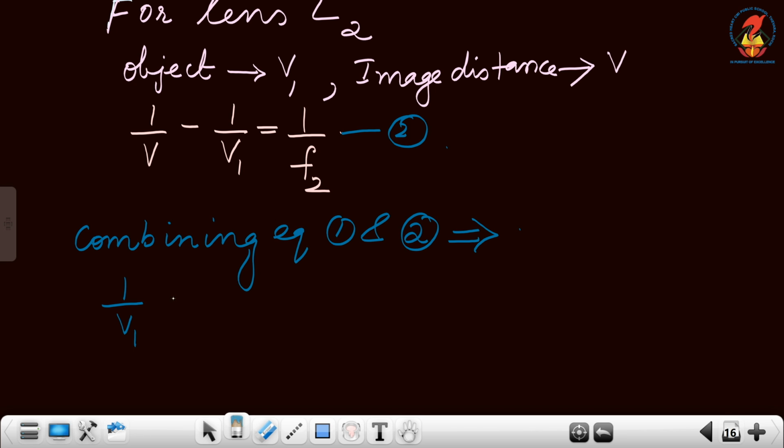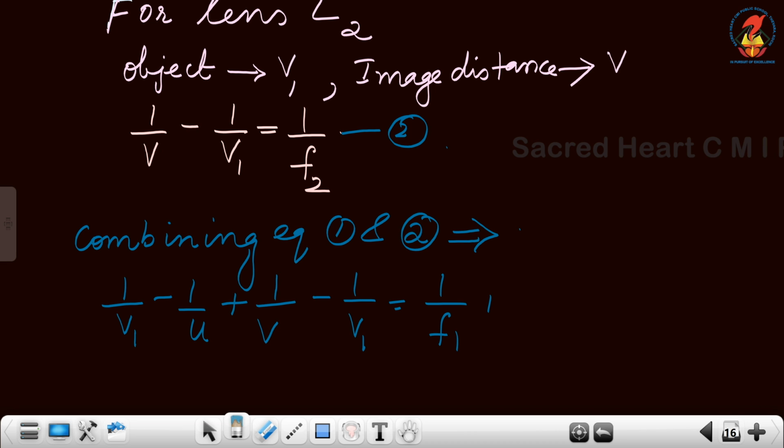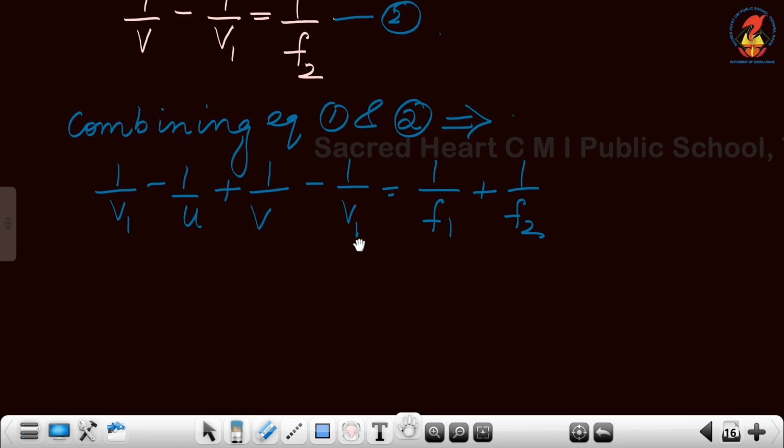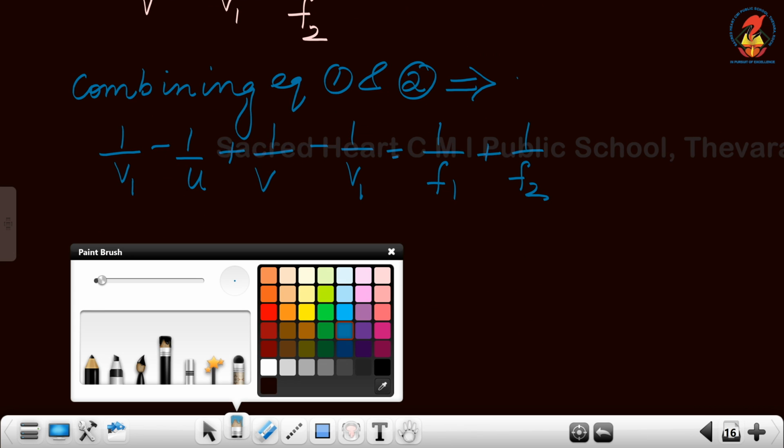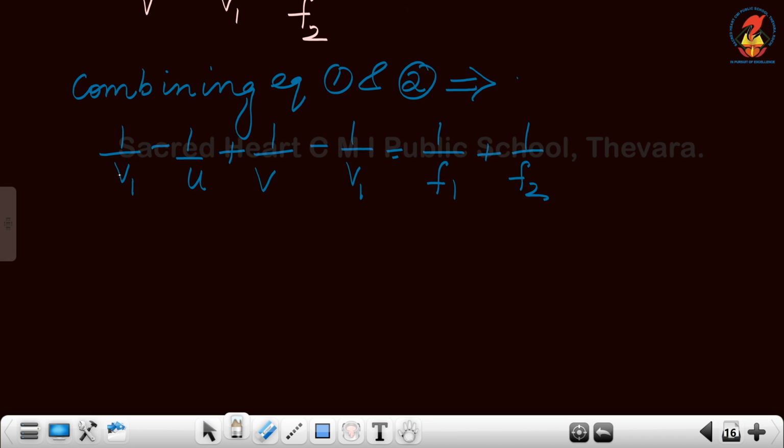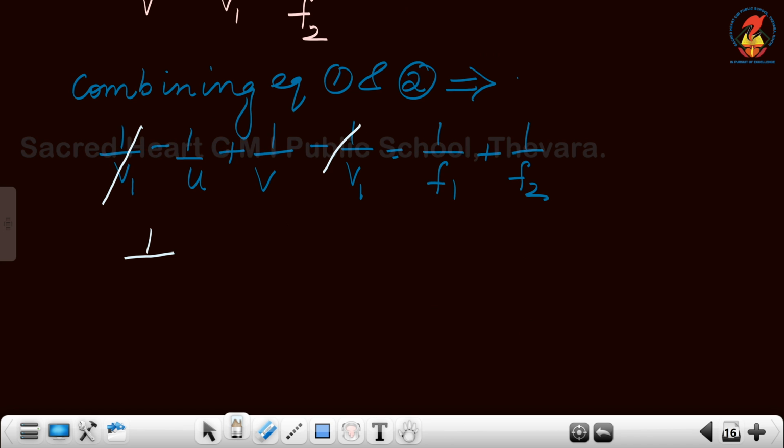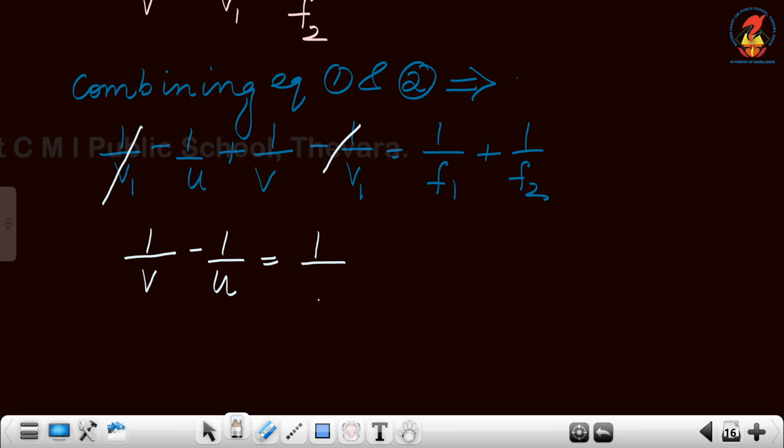1 by V1 minus 1 by U plus 1 by V minus 1 by V1 is equal to 1 by F1 plus 1 by F2, or we can write 1 by V minus 1 by U is equal to 1 by F1 plus 1 by F2.